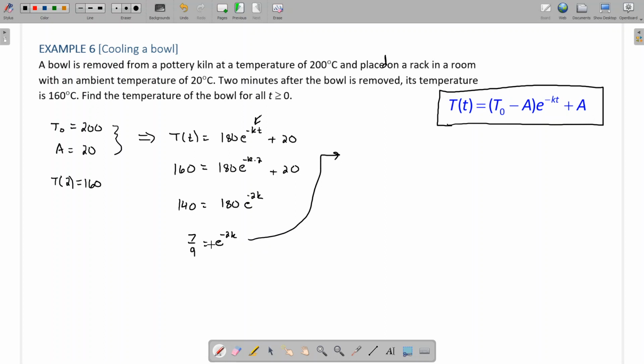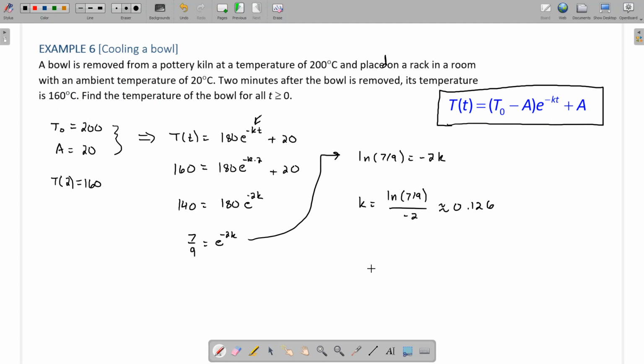Take a natural log of both sides. ln of 7/9 equals negative 2k. And then divide over by the negative 2. So k will come out as ln of 7/9 divided by negative 2, which is approximately 0.126.